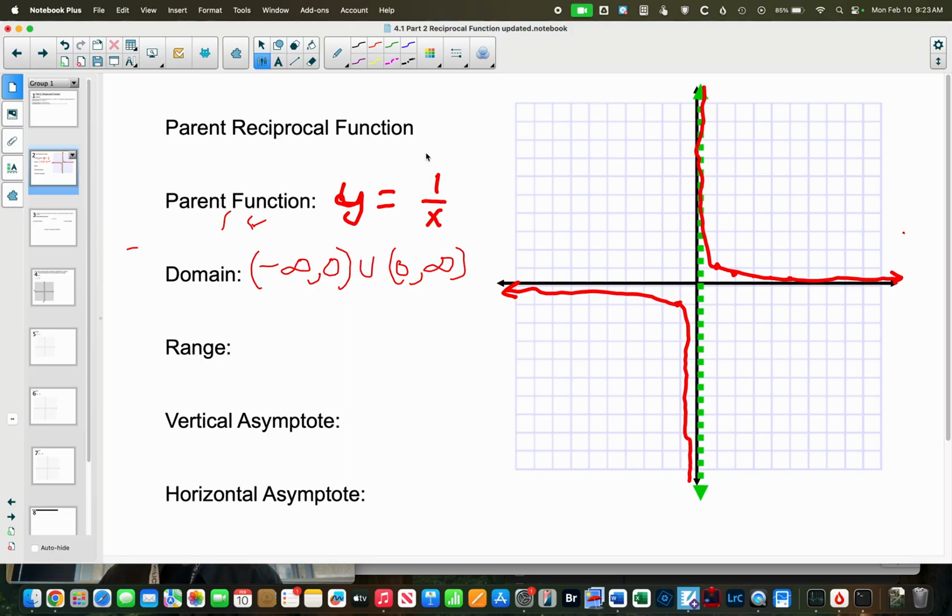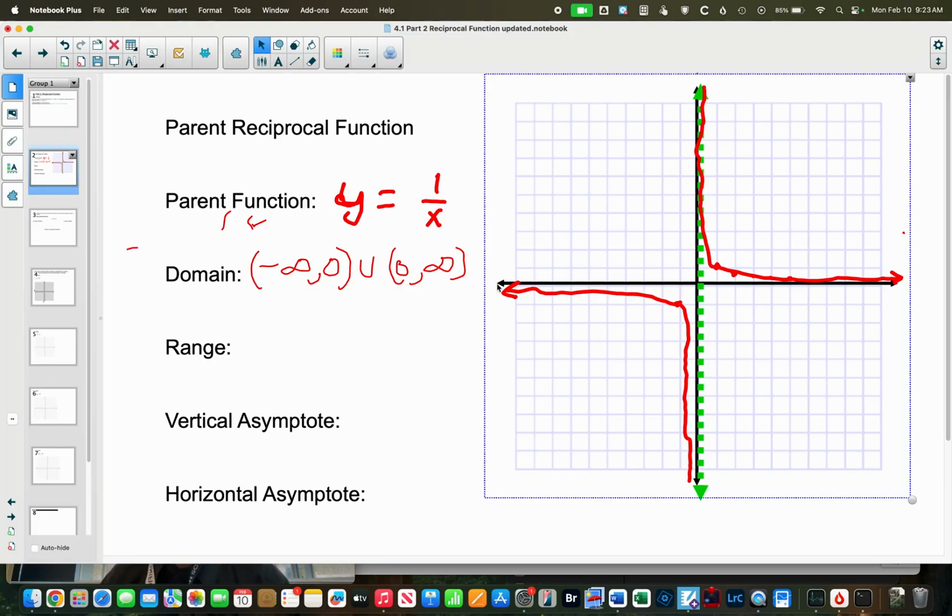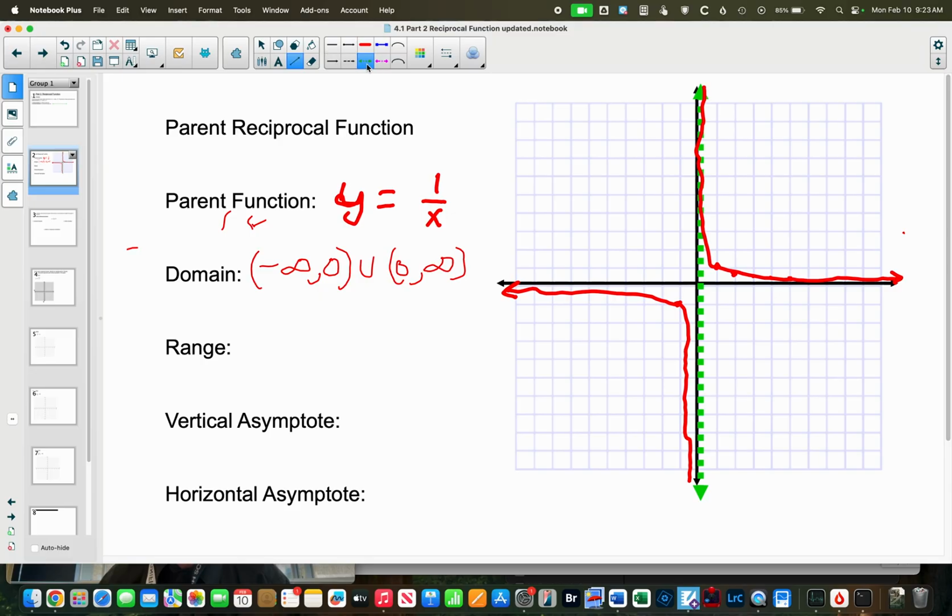Okay, the range. I did the vertical asymptote. So notice horizontally, there's also an asymptote. It never touches y equals 0. So we're going to put another horizontal asymptote here, because it's not touching that.